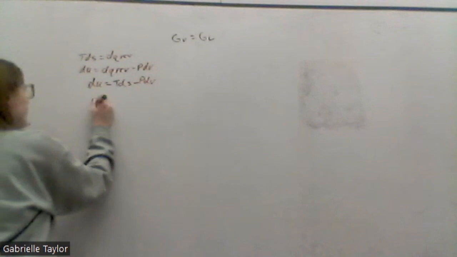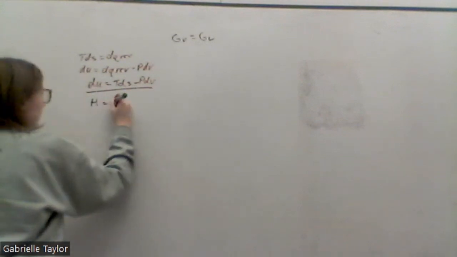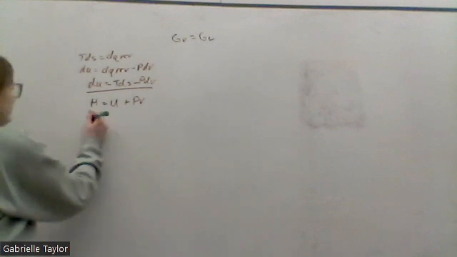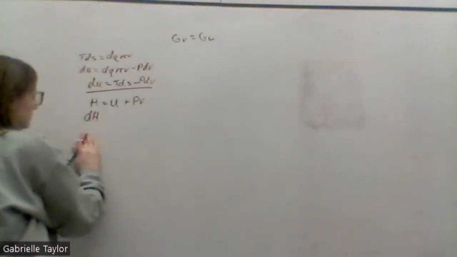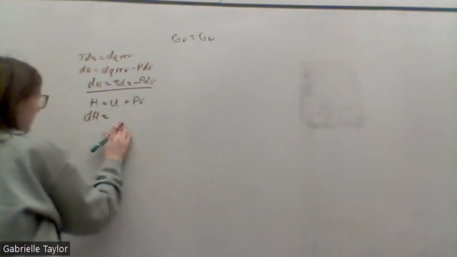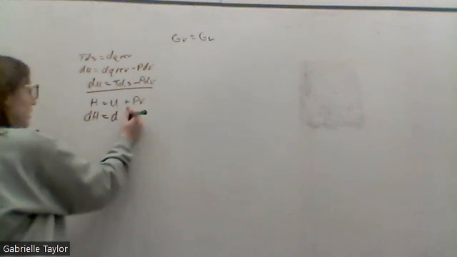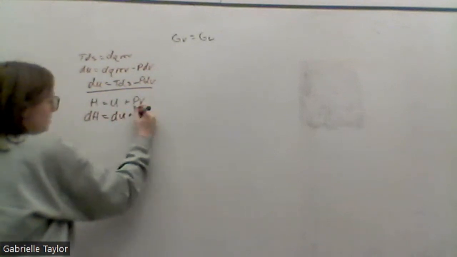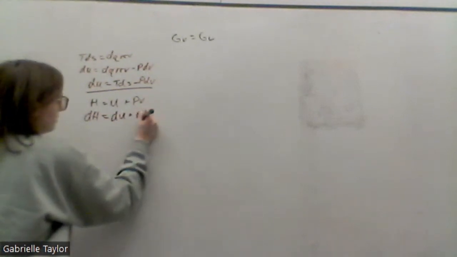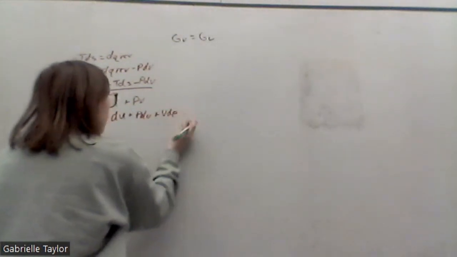Okay, after we know this, we also know that our enthalpy equals our internal energy plus our PV. So now let's differentiate it. So take the derivative of it. Then we have our differential amount of change of enthalpy equals our differential amount of internal energy plus P dV, and then we have our product rule, so V dP.